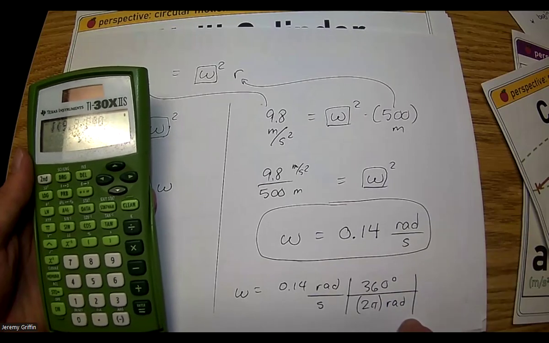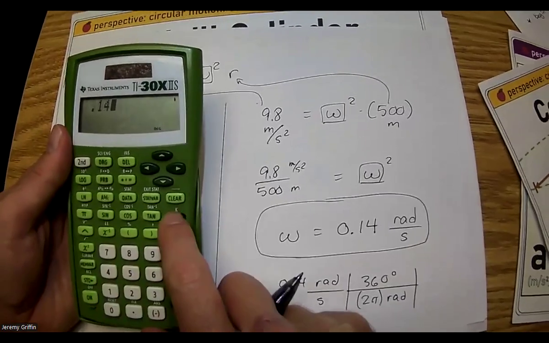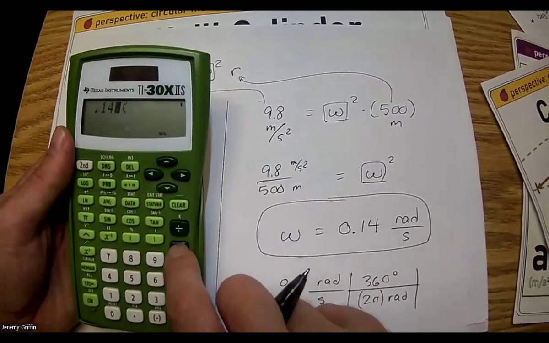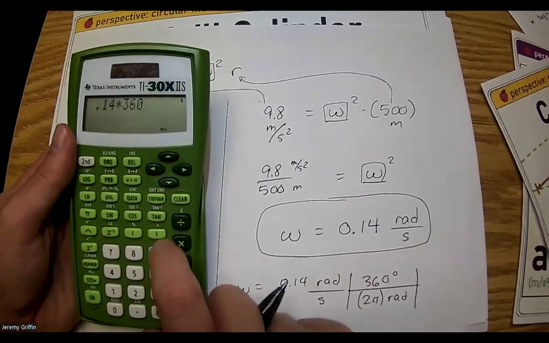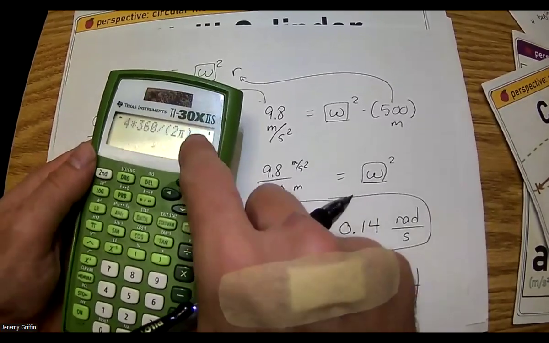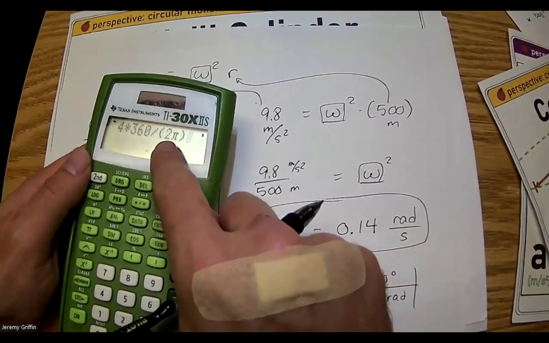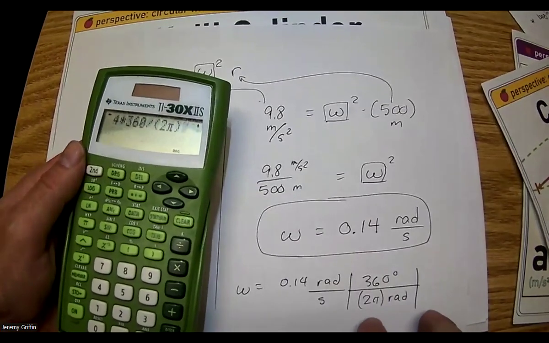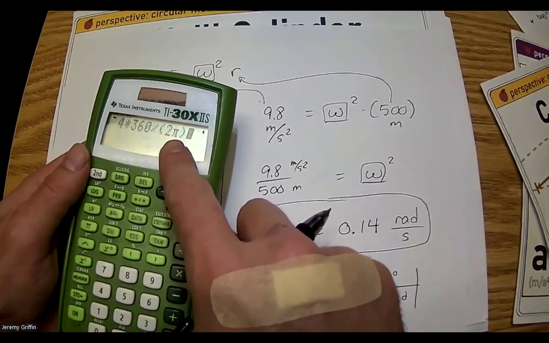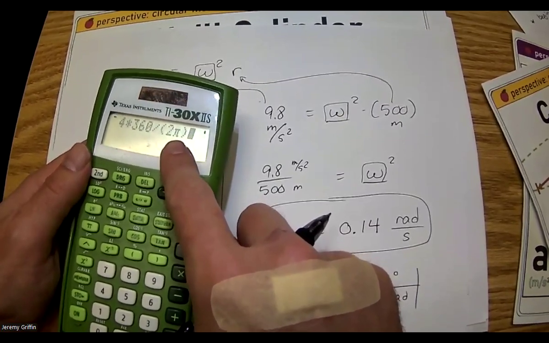So take my 0.14 radians times 360 degrees divided by open parenthesis 2 pi radians. I'm still seeing students that forget to open a parenthesis after they hit divide by. Otherwise, you're not going to divide the 2 and the pi. Got to group it together.